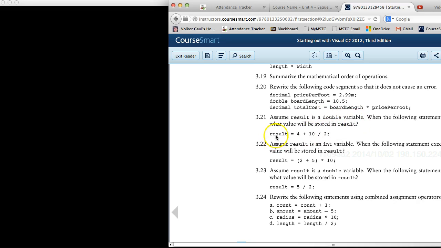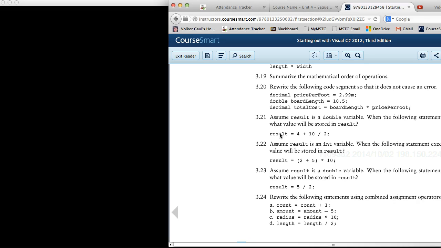Result is a double. What's in there when we're done? Think about it. 14 divided by 2 is 7, right? 10 divided by 5, or 2, excuse me, is 5, plus 4 is 9, but this is a double, 9.0, technically.